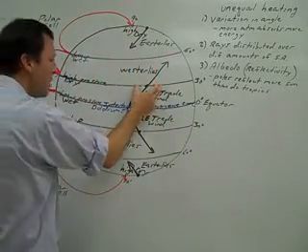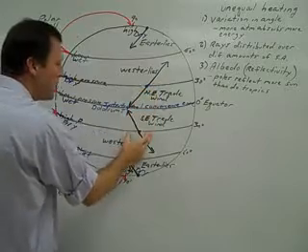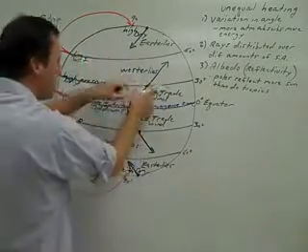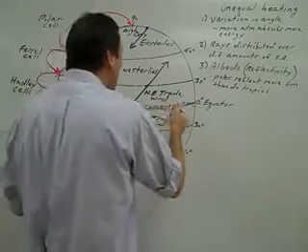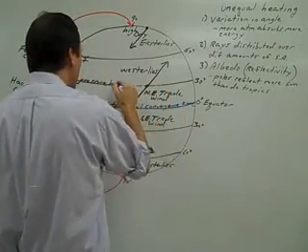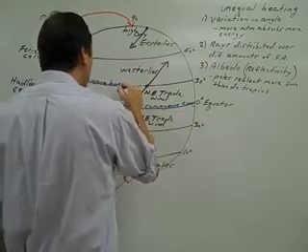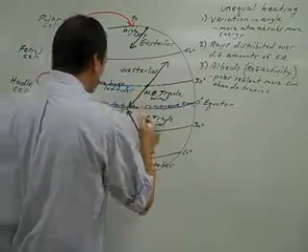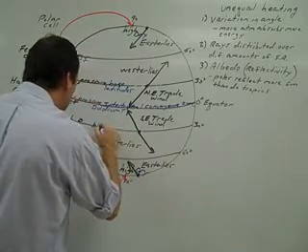Same thing goes for 30 degrees north and 30 degrees south latitude. These areas right here were called the horse latitudes.